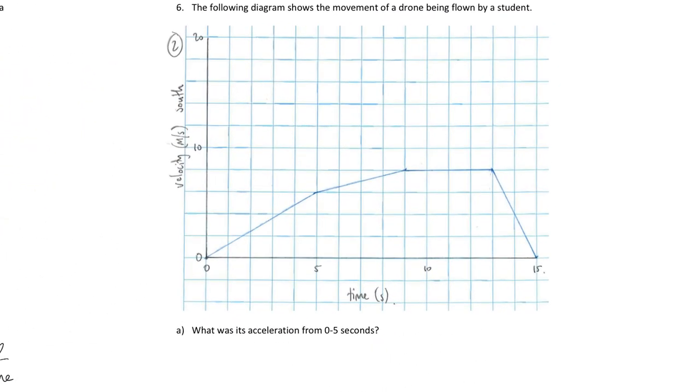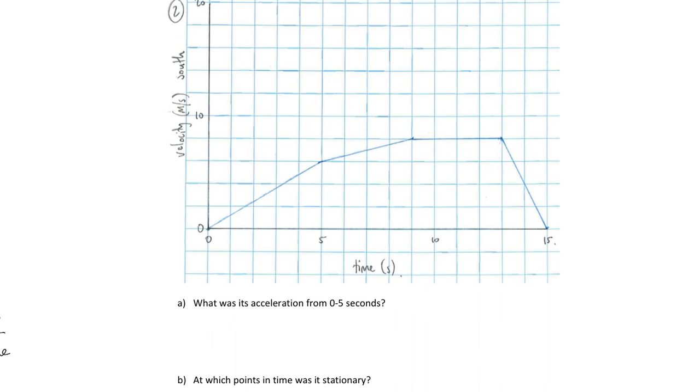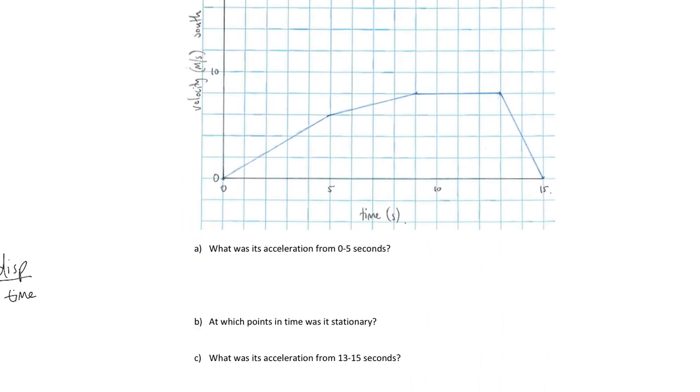All right, a drone being flown by students, what was their acceleration from 0 to 5 seconds? So acceleration is equal to final take away initial over time. So their final speed after 5 seconds is this value here. What's that value here? It is 6.